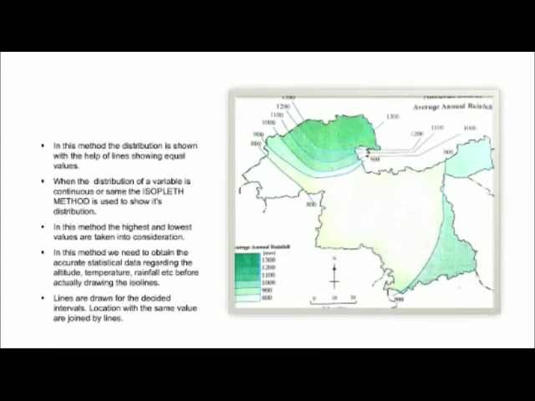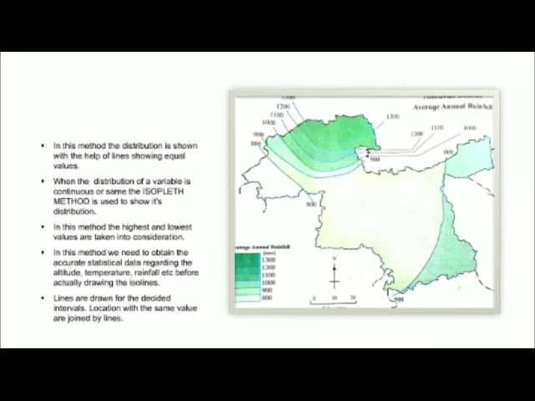In this method, the highest and the lowest values are taken into consideration. We need to obtain accurate statistical data regarding altitude, temperature, rainfall, etc. before actually drawing the isoline. Lines are drawn for the decided interval. Locations with the same value are joined by a line.